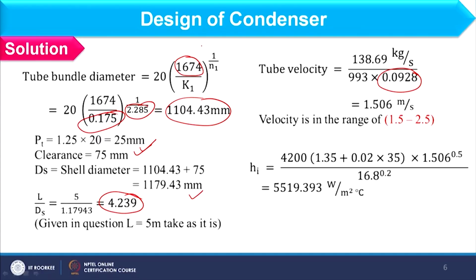So, the actual number of tubes I should consider is 1676. So, here instead of 1674 you should consider 1676. So, here we will have a slight difference in bundle diameter, and that variation you should consider, please.